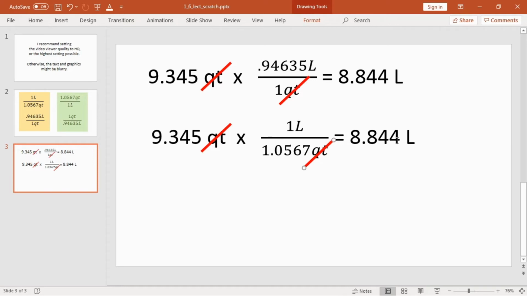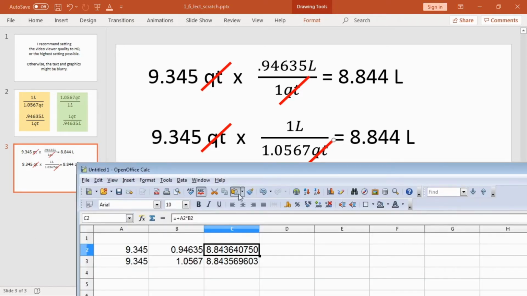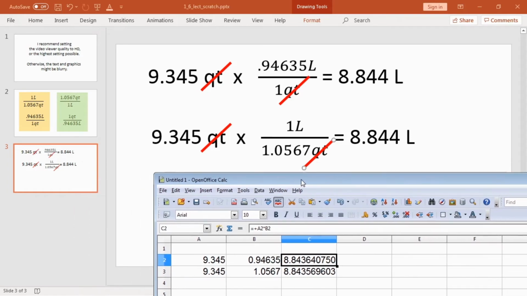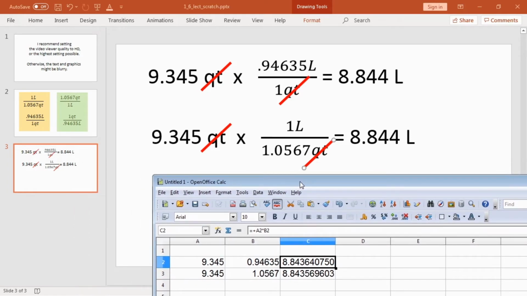Now let me point out something a little cute here. If I'm entering this on a spreadsheet, and I encourage people to learn how to do this on spreadsheets, use their computers to do this, and also to help you round things off properly. To do this multiplication, I do 9.345 times 0.94635.